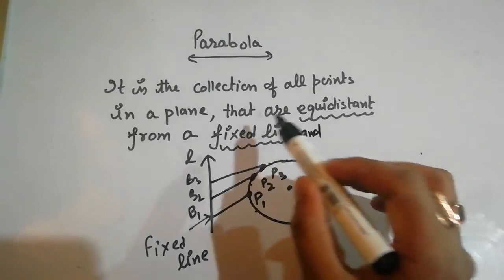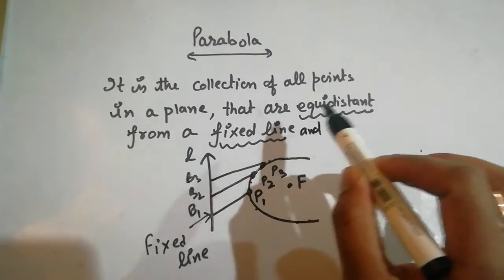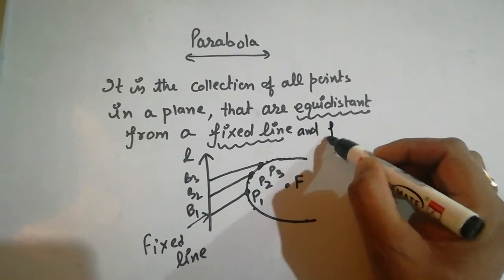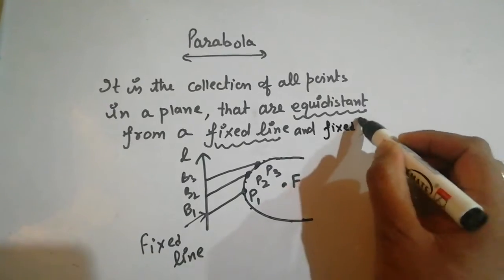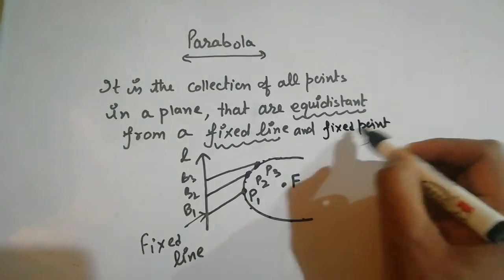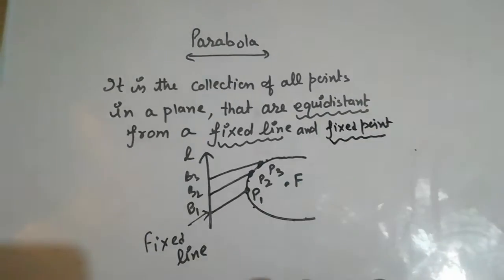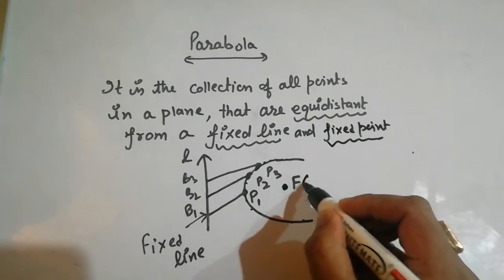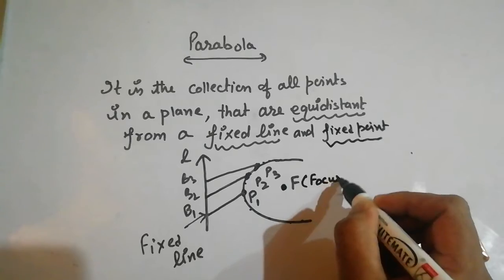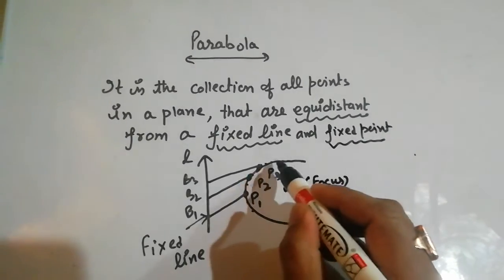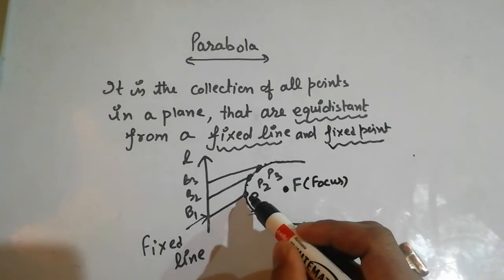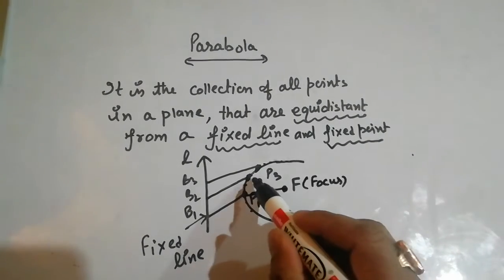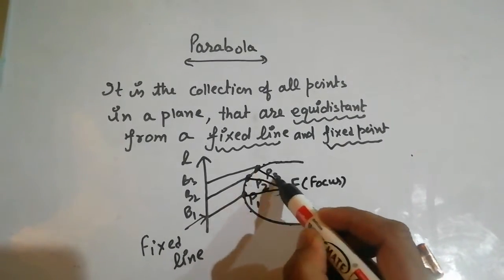Okay, a collection of all points which are at equal distance from a fixed line and a fixed point. So we should know two things: the fixed point and the fixed line. This fixed point is called the focus.